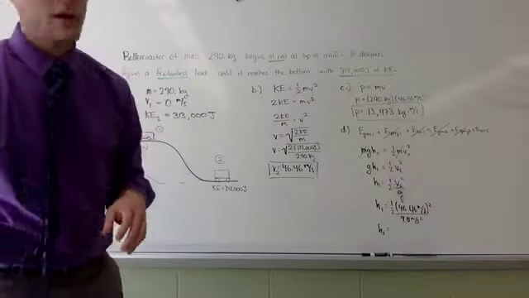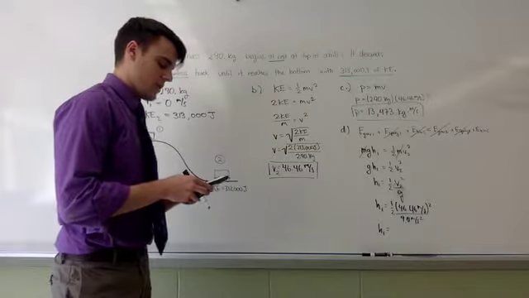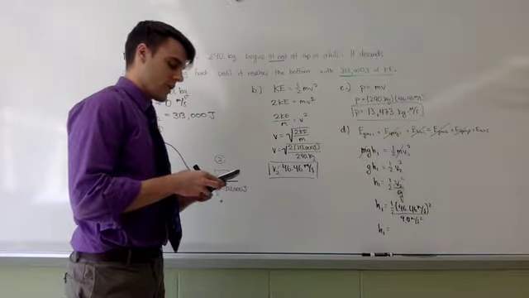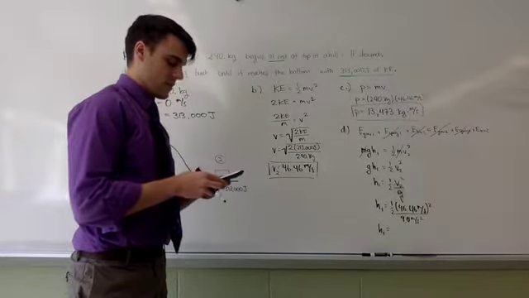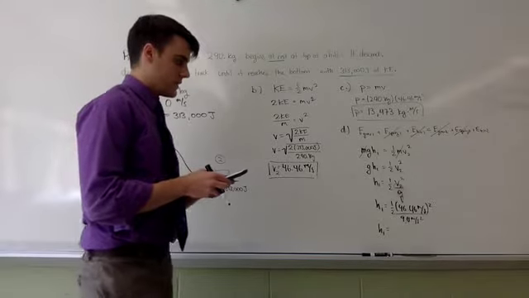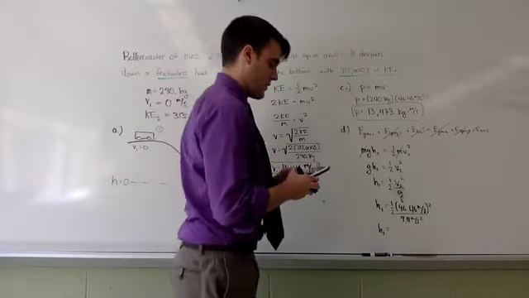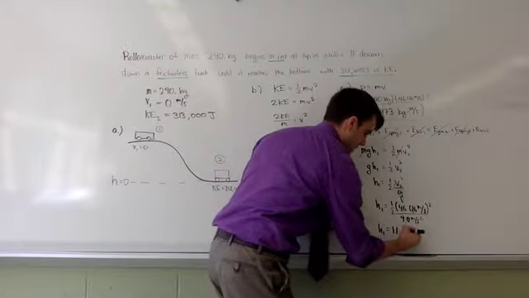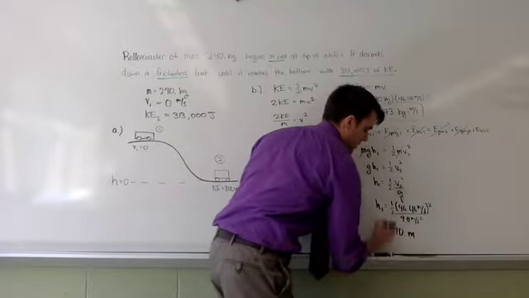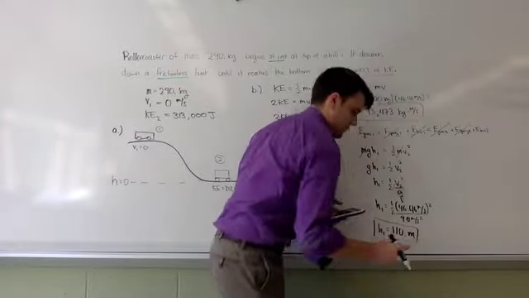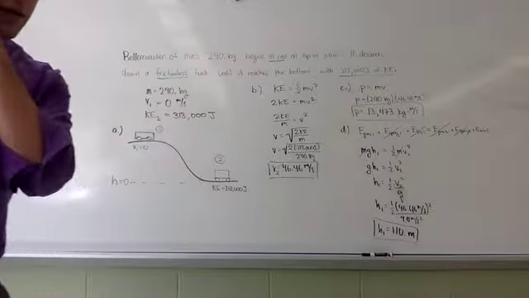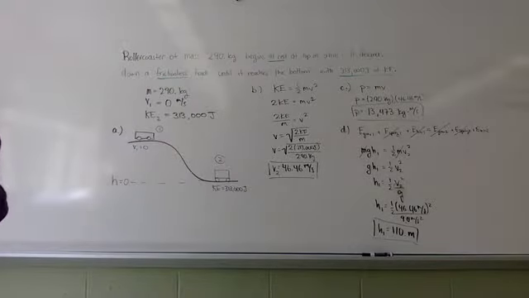So my height 1 will be 46.46 squared times 0.5 divided by 9.8, which is 110 meters. So that is the answer to part D.